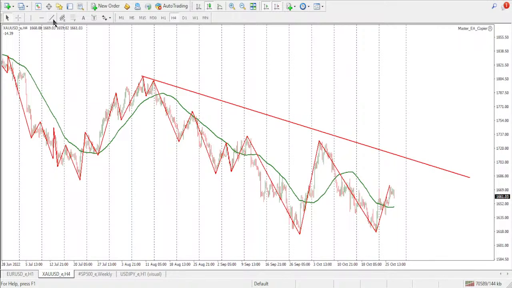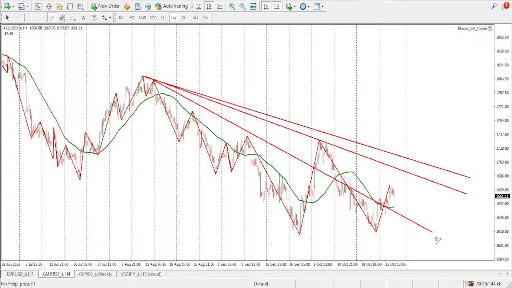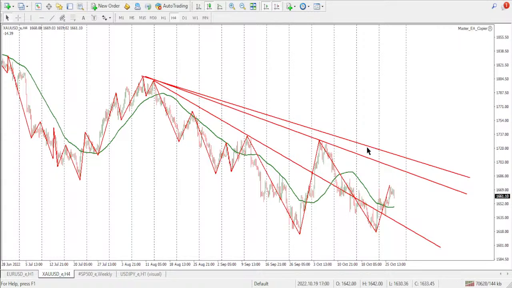We're also looking at this zone, and then we are looking at another one. So far the price has successfully gone beyond the first line. It is still stuck on the middle one.